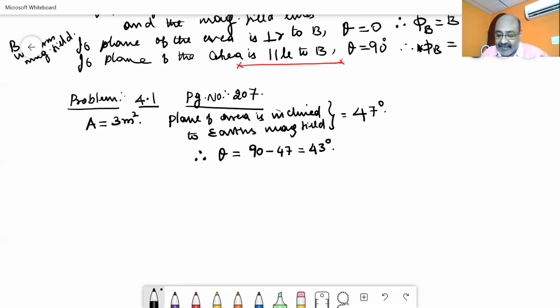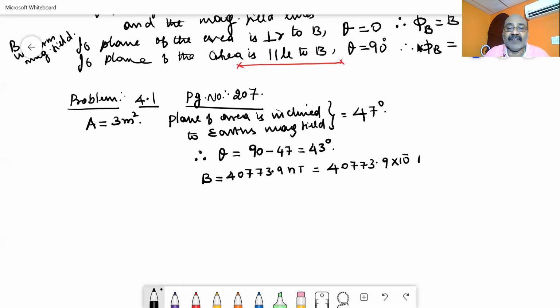Then what else is given? The magnitude of the Earth's magnetic field B is 40773.9 nanotesla. So how can I write this? 40773.9 into 10 to the power of minus 9 Tesla.